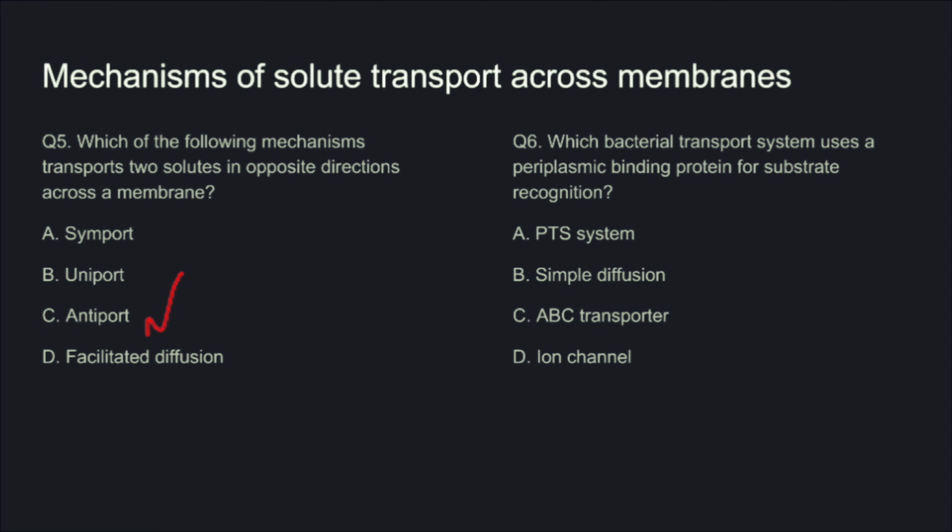Which bacterial transport system uses a periplasmic binding protein for substrate recognition? Options are A, PTS system, B, simple diffusion, C, ABC transporter, D, ion channel. So the correct answer for this question is option C, that is ABC transporter.